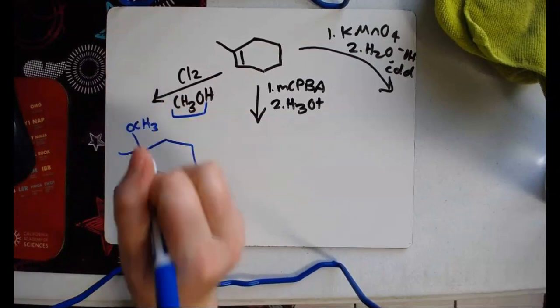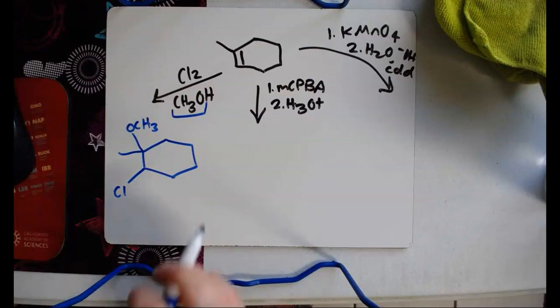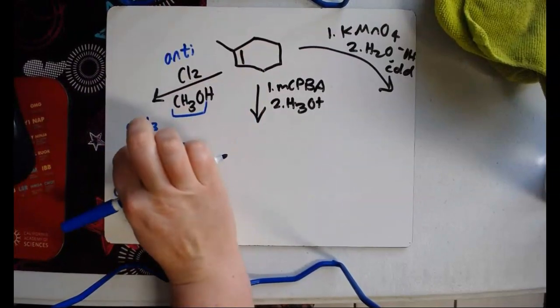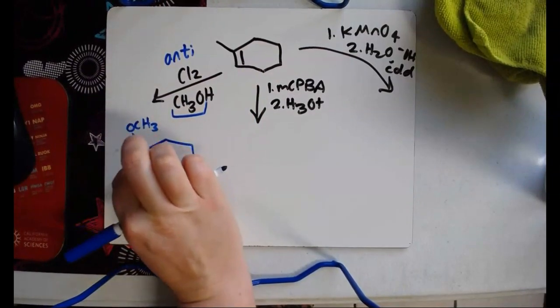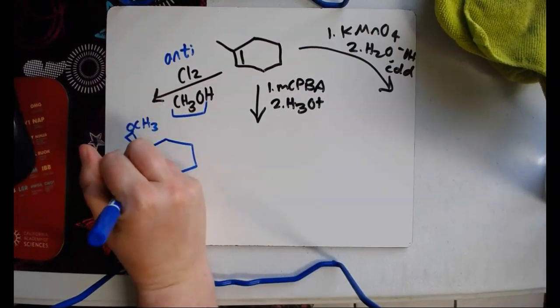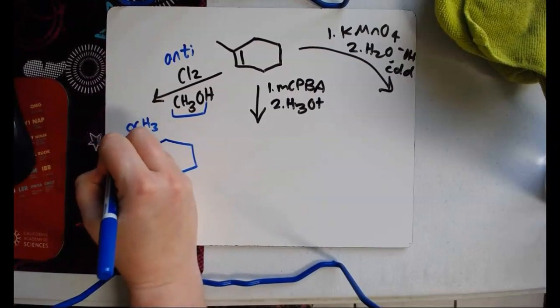But to give it a little bit more information, we do know that the OCH3 and the Cl are going to add anti to each other. So I'm going to do a little erasing here. We're going to call that a wedge. We're going to call that a dash. So that puts them anti to each other. And then I need to put back in there that it started with.